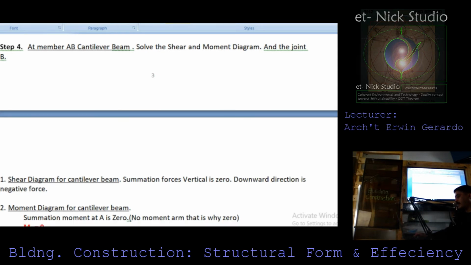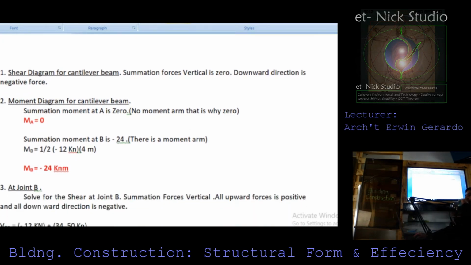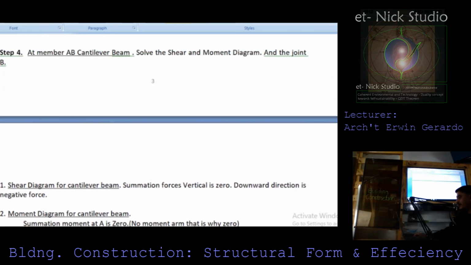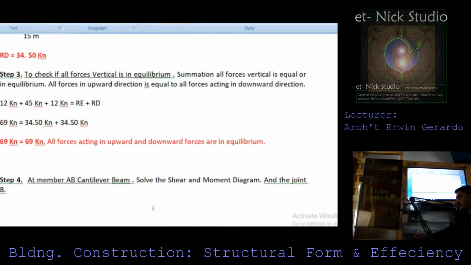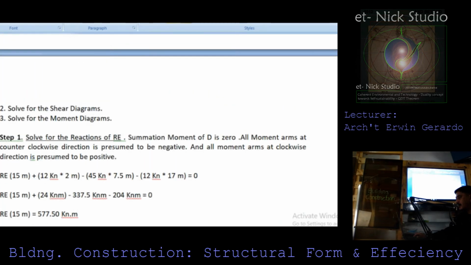So for step 1, the shear diagram for the cantilever beam, the summation of vertical forces is 0. Downward direction is negative force. So for step 2, take note that we're going to look at step 1 under this diagram.